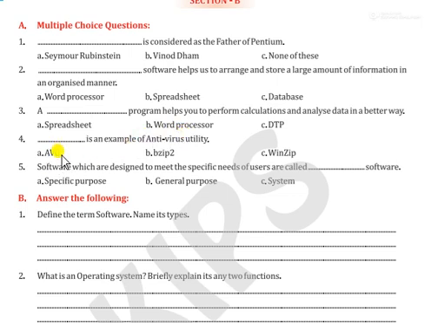AVG is an antivirus software, whereas bzip2 and WinZip are compression software. Clear? Okay, now let's move to the last one of the MCQs.